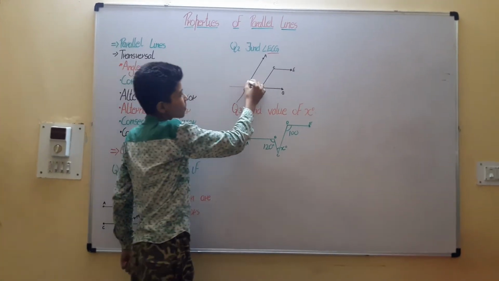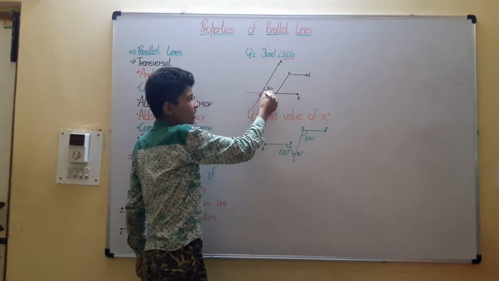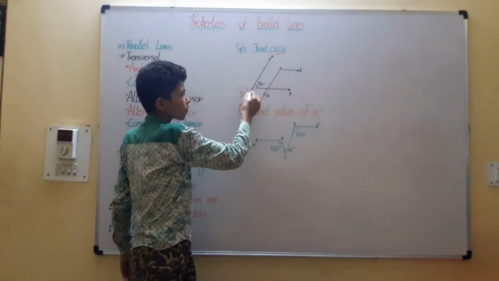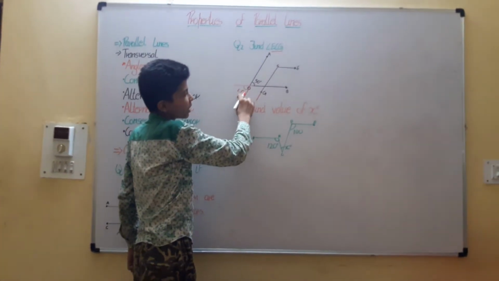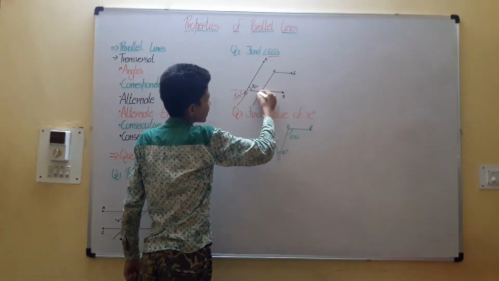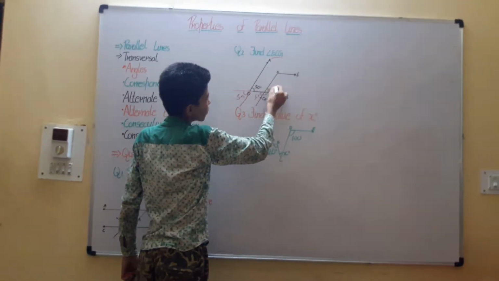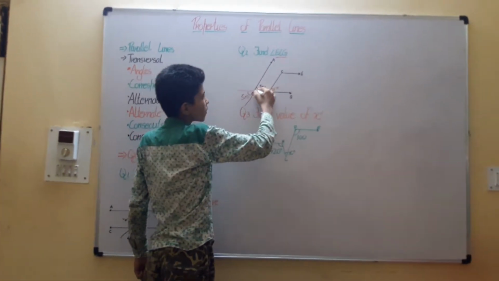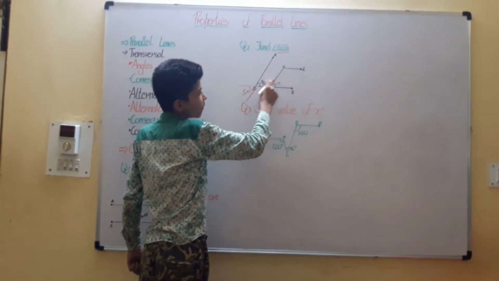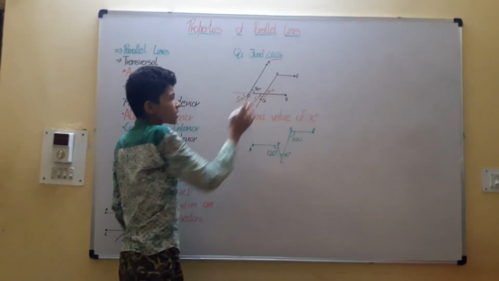When this is 50 degrees, this is 50 degrees, this is also 50 degrees, and this is corresponding to this angle because of the Z formation. This would also be 50 degrees, and when there is an X formation, this angle is equal to this.